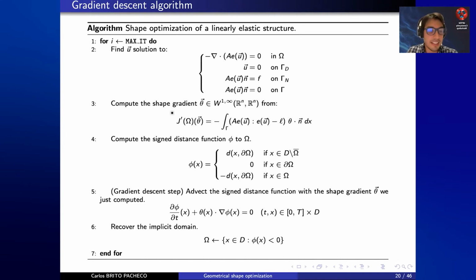So you infer a descent direction from this expression. And you compute the signed distance function, which is our level set function. Here, the gradient descent step just takes the form of the advection of the signed distance function with the shape gradient we just inferred from the shape differential. Finally, you can just recover the implicit domain by just taking the negative subdomain of the level set function.